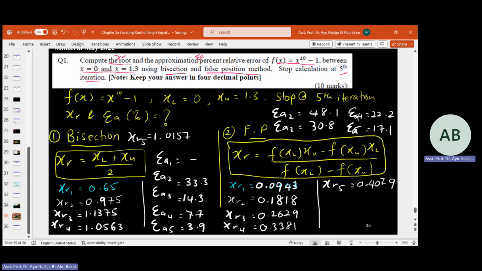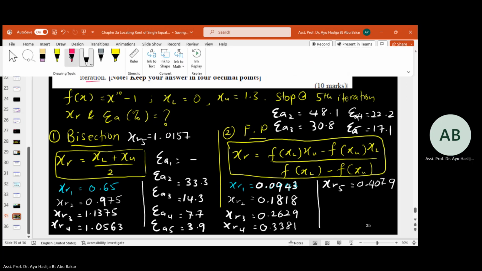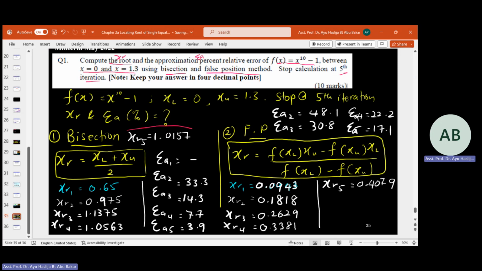Okay. Now, how do you know your answer is correct? You replace back your XR into the main equation. This one is until the fifth iteration, right? So you replace this into your main equation. Can you get equal to 0 or not?